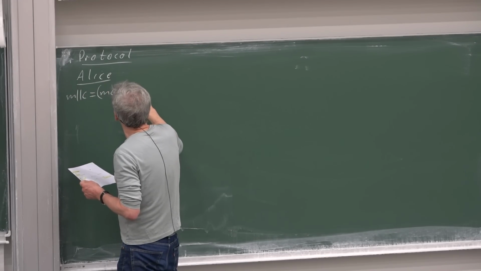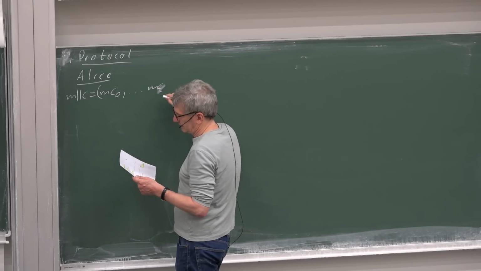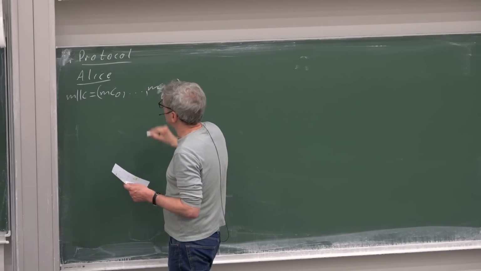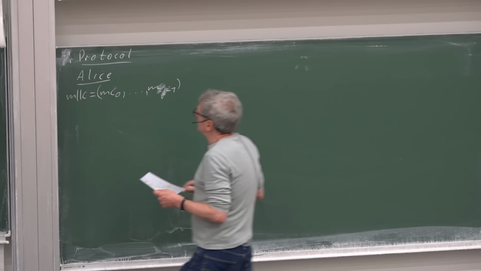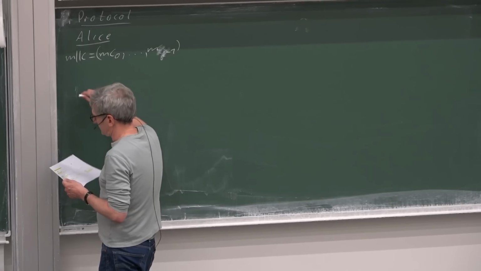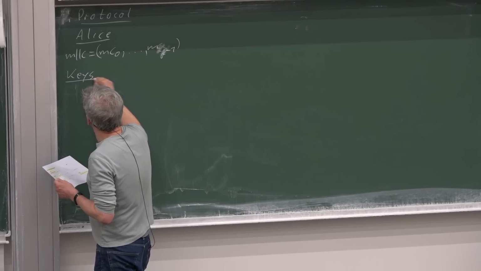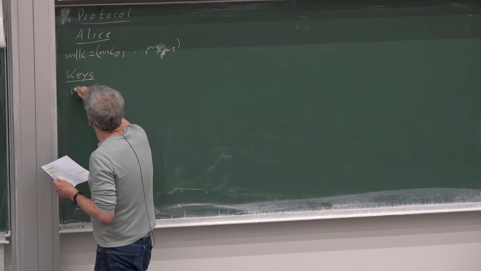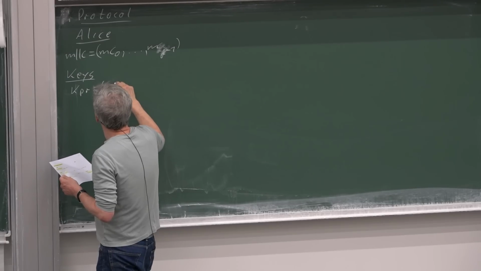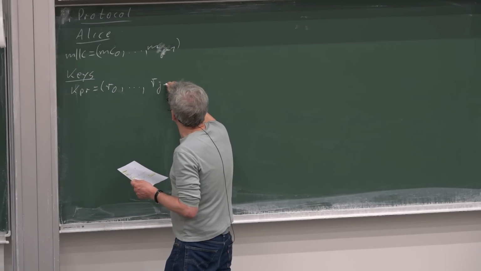So this is MC 0 up to MC J minus 1. And then she generates keys. The private key is R0 up to R J minus 1.